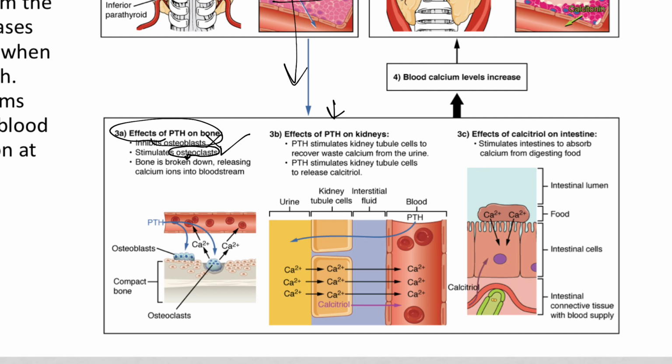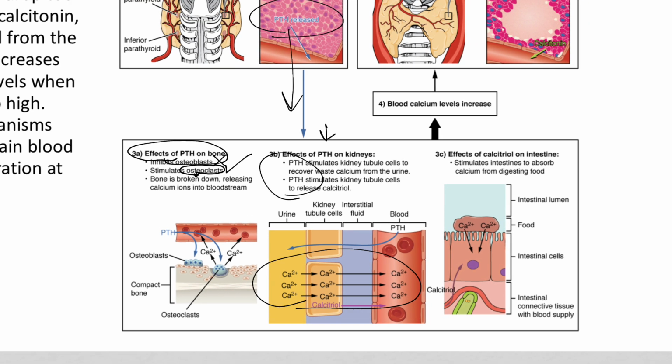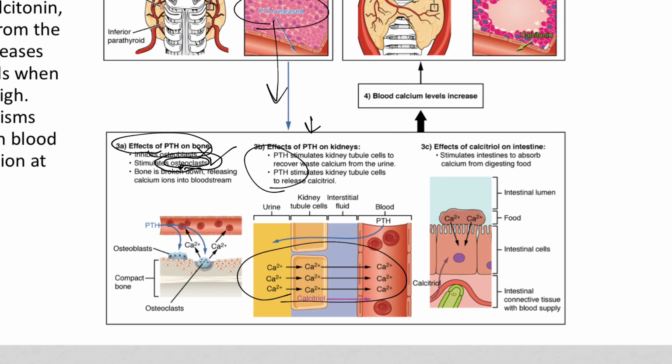If you don't have enough, which is the scenario we're in, PTH tells the kidney to reabsorb as much of that calcium as you possibly can back into the bloodstream, right? Because if you didn't do that, that would effectively mean that you're breaking down your bones with your osteoclasts and then excreting the calcium as urine and effectively peeing your own bones out, which sounds like a terrible idea. All right, so borrow some from your bones, make sure the kidneys are conserving as much as possible.